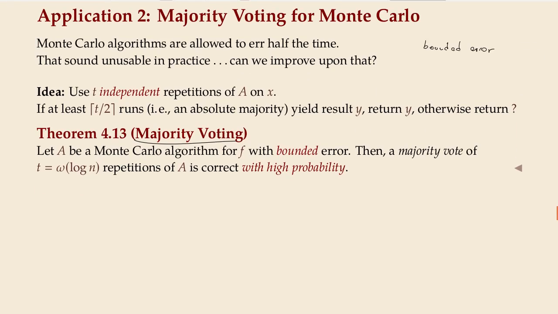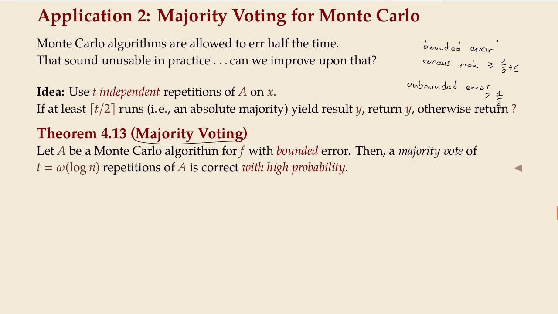So that's the way we defined it. Success probability is at least 1/2 plus epsilon for some constant epsilon that doesn't depend on the input size or input. Whereas we also had the unbounded error Monte Carlo. There we had the same, where we just said something greater than 1/2.